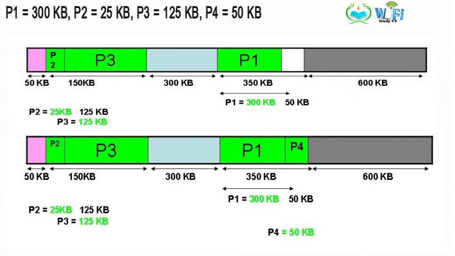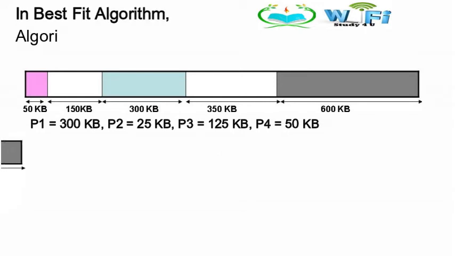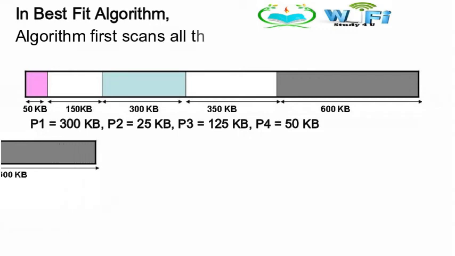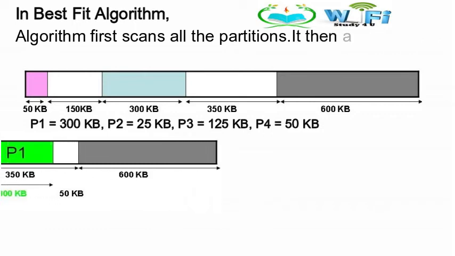Please see the second algorithm, the best fit algorithm. According to the definition of best fit algorithm, first scan all the partitions, then allocate the partition of smallest size that can store the process.